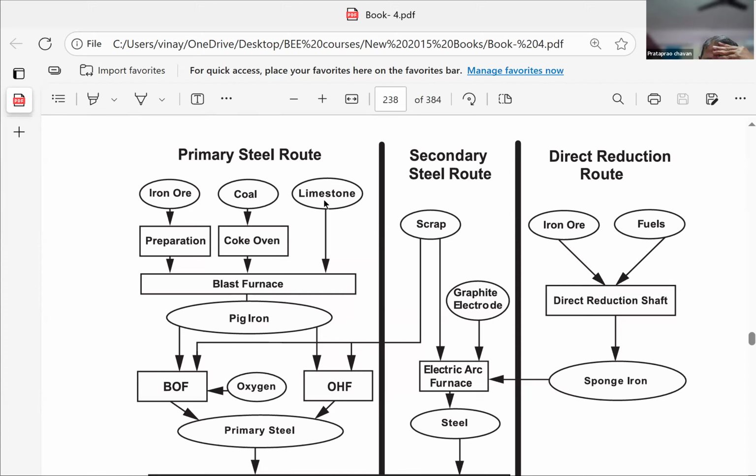And the other reagent which separates the impurities like sulfur and other things, limestone has that property. So limestone is added, coke is added, and iron ore is added. These three components are added in the blast furnace. Why is it called blast?